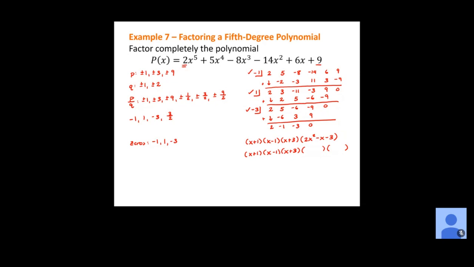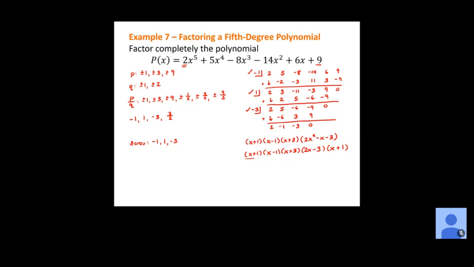Okay, so just for the sake of time, I'm going to go ahead and do this. So this is going to give us a 2x, an x, then we need a 3 and a 1. The 3 is actually going to have to go here and the 1 over here so that I end up with a 2x on the outside, a 3x on the inside. I'm going to need the 3x to be the negative to give us a negative x in the middle, which means that's a positive 1 down there.